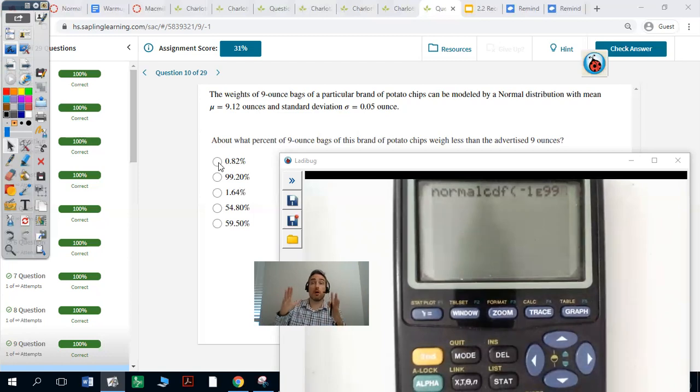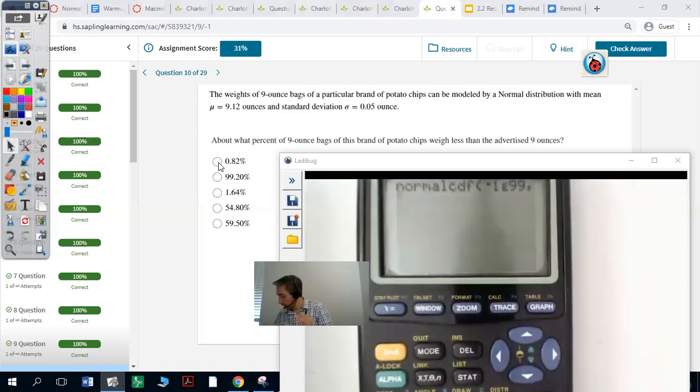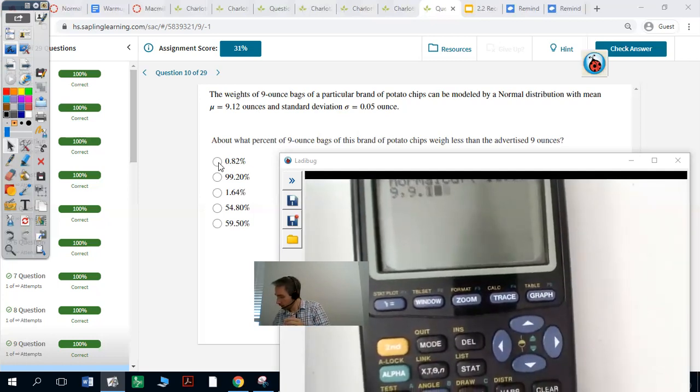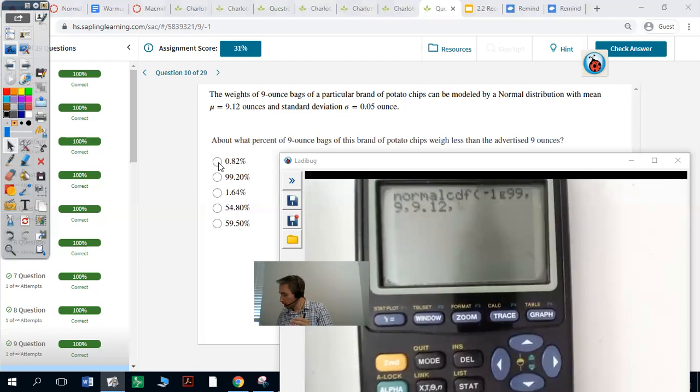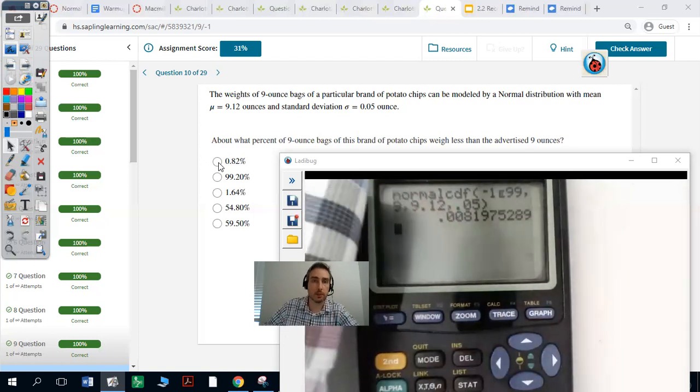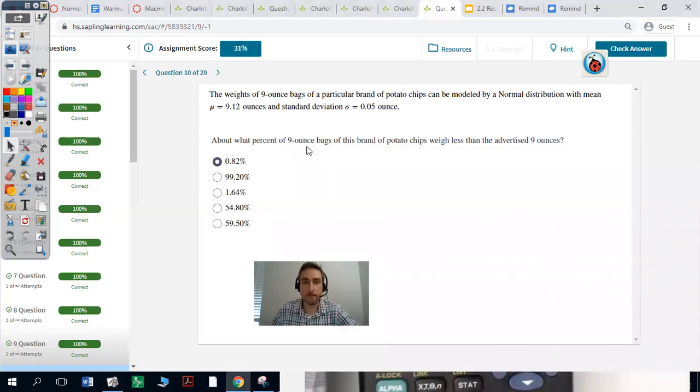Really, really small or large negative number. And you do comma, and then you do the 9. And then comma, and then your mean. And then finally one more comma, and you do your standard deviation and you close it up. And there's your percent, 0.8%. It's a very small number. I'll check that.